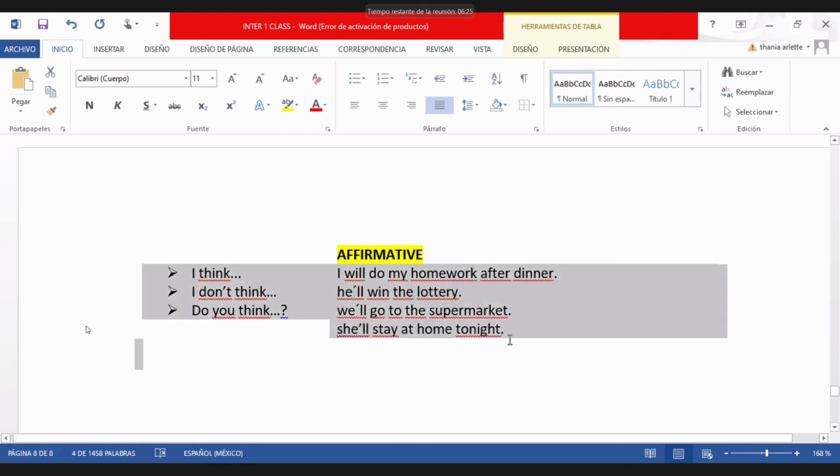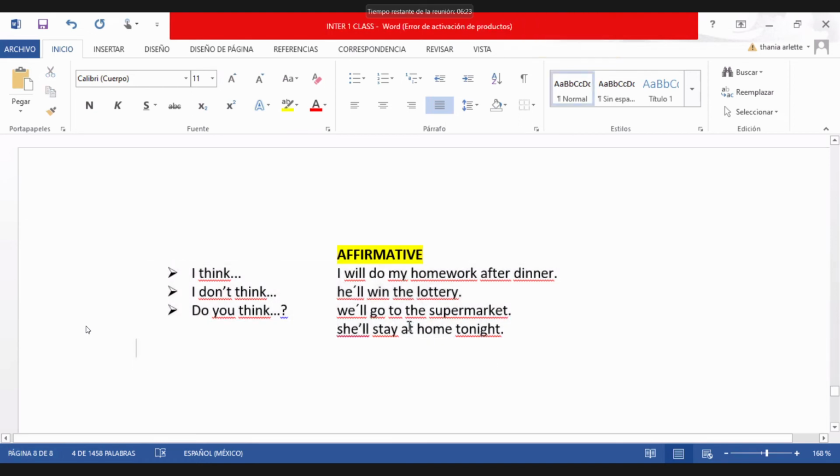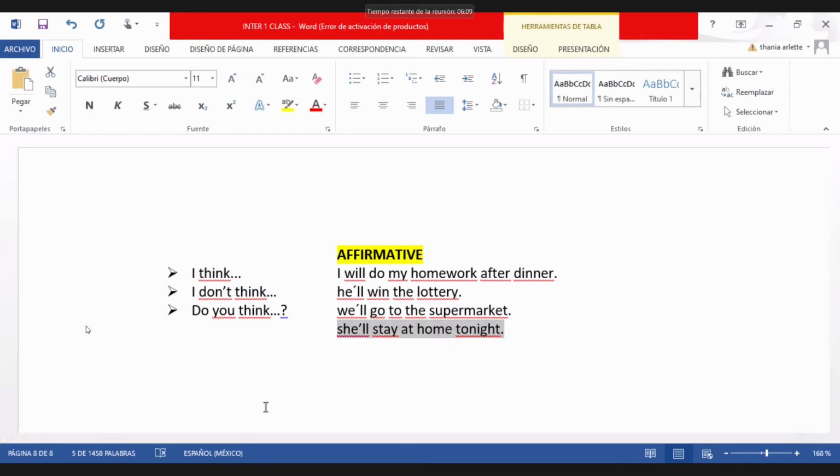This one in the negative too. The last one, in negative. I don't think she'll stay at home tonight. She usually goes out with friends. I don't think.